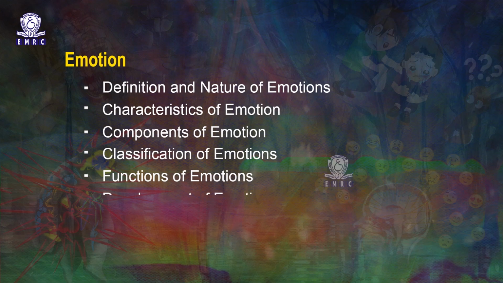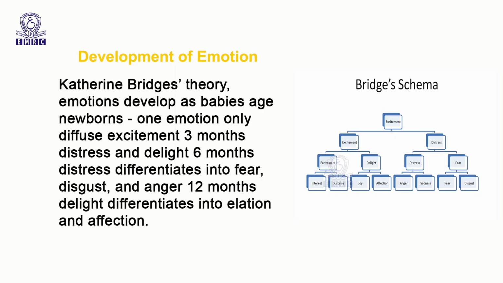Now we move on to development of emotions. One of the most widely accepted schemes of the development of emotions was proposed by Bridges in the year 1932. According to Catherine Bridges' theory, emotions develop as babies age. Newborns tend to show only one emotion.